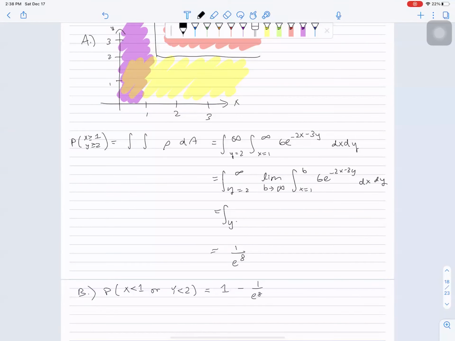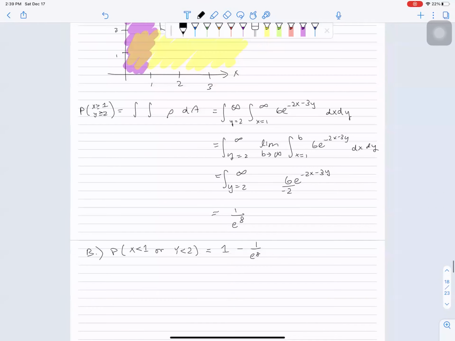So I get the integral from y equals 2 to infinity of, okay, let's see. This is going to be 6e^(-2x-3y) over negative 2, from 1 to b, of the limit as b goes to infinity, dy.